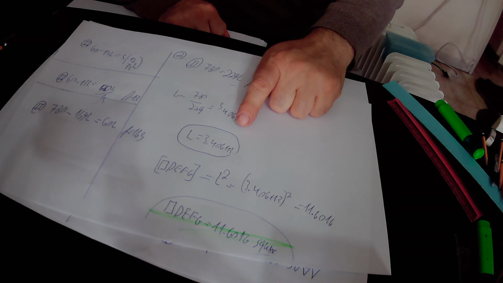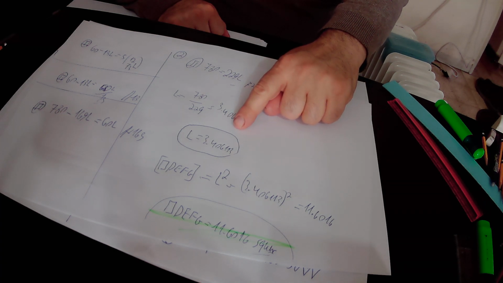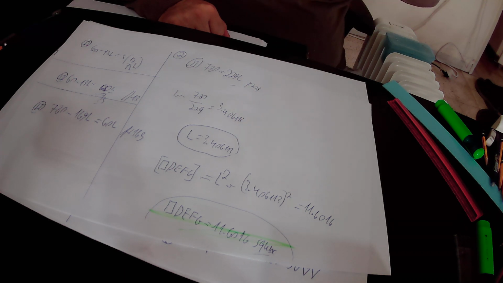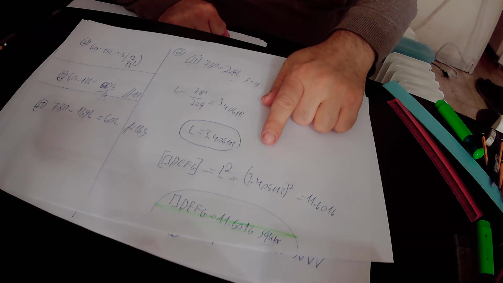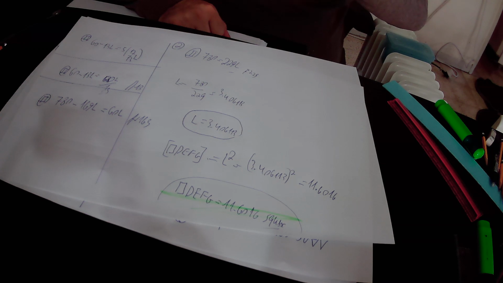So we put the data inside this equation in order to find the area of the square, and therefore L squared equals 3.40611 squared.